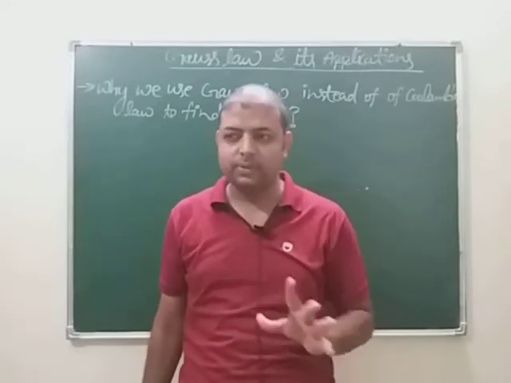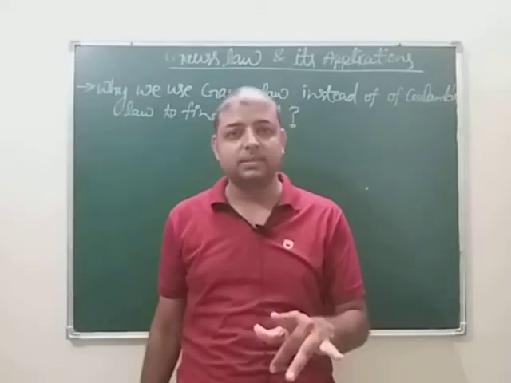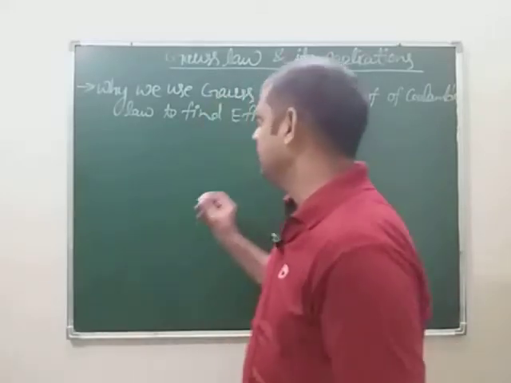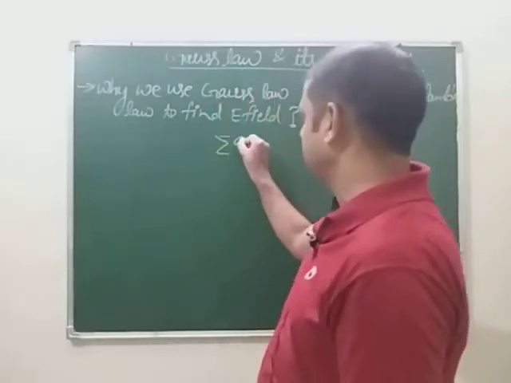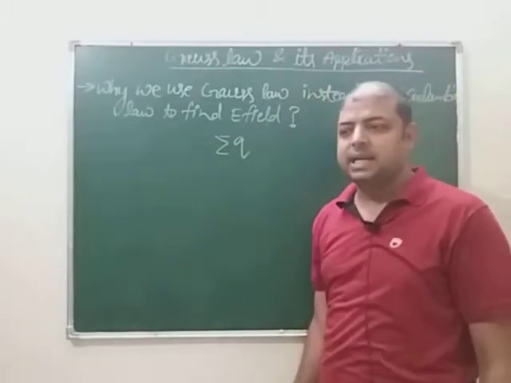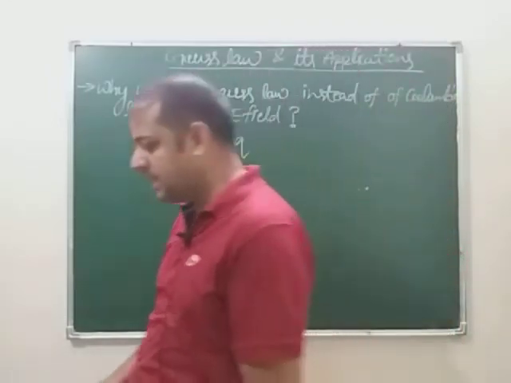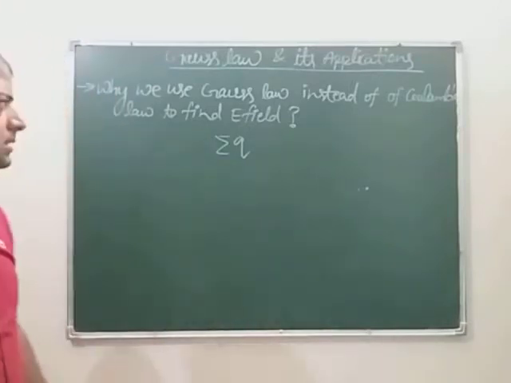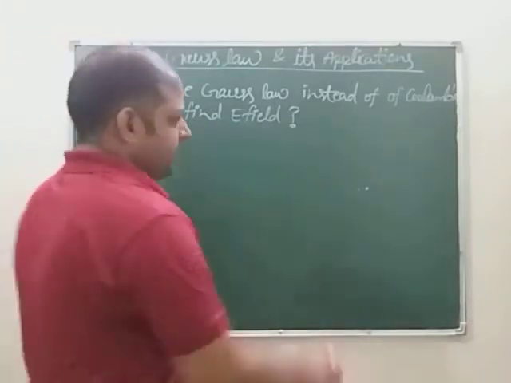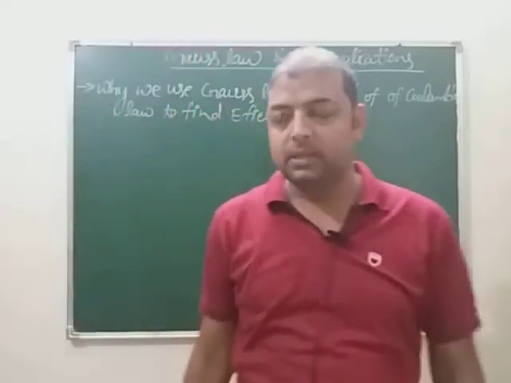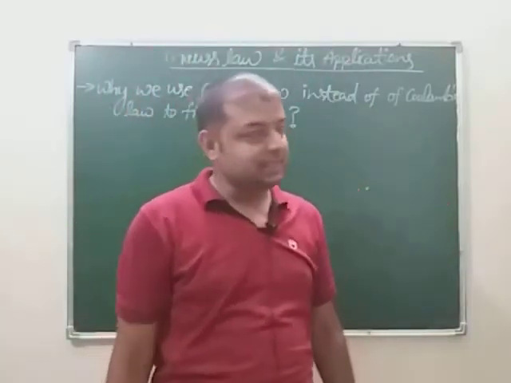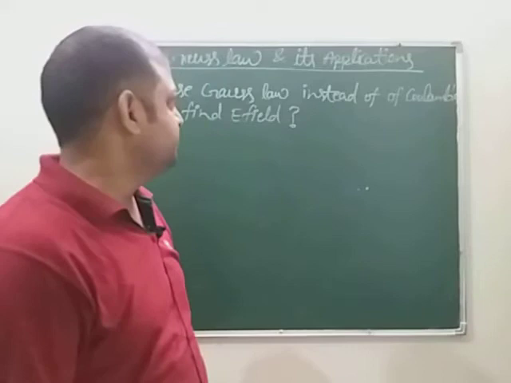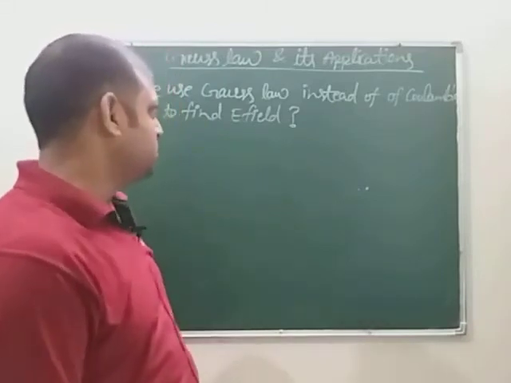In Gauss law we will use the term sigma q, which means the sum of all the charges, and we will consider it as a continuous or single quantity. We will not discuss it at the microscopic level. So this is the basic need of Gauss law in place of Coulomb's law.